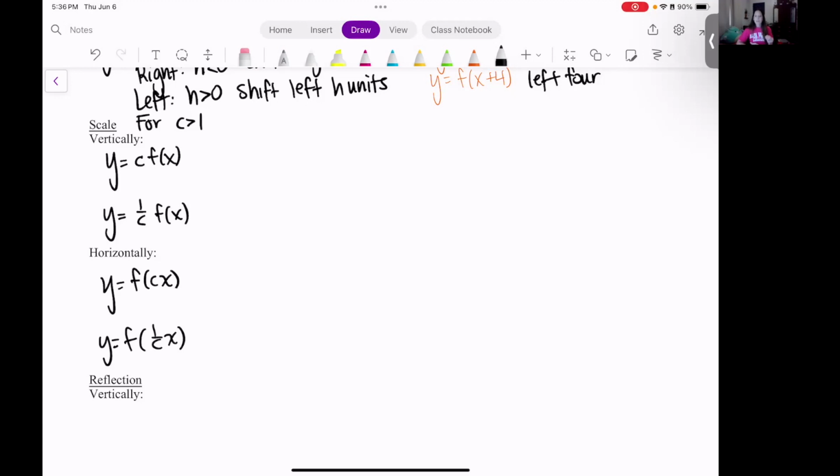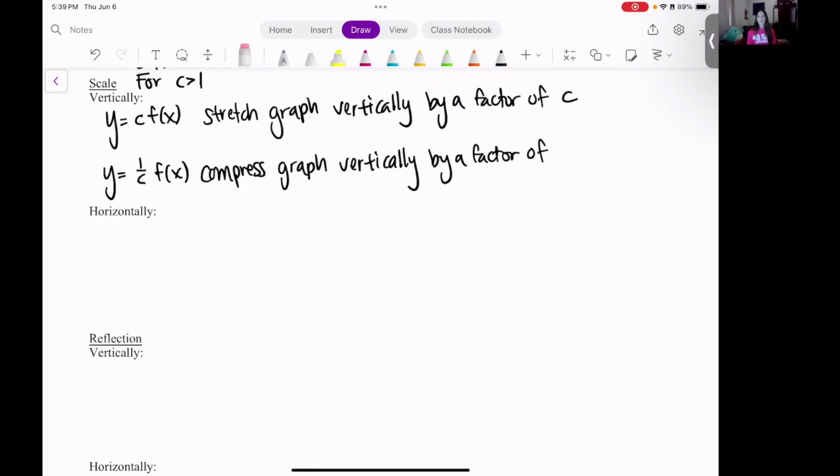If I'm multiplying by a number that is larger than 1, that's positive, say for instance 2, I'm going to stretch the graph vertically. It's going to pull it up. When you have 1 over c, so for instance, like 1 over 2 on the outside, that's going to compress your graph vertically, but still by a factor of c.